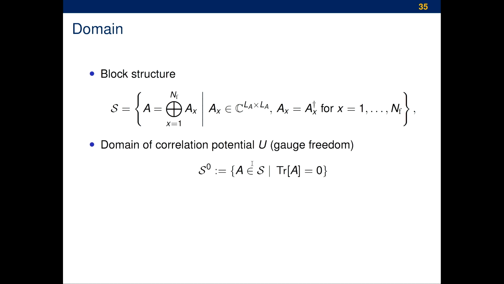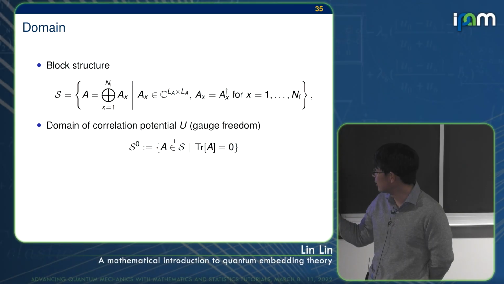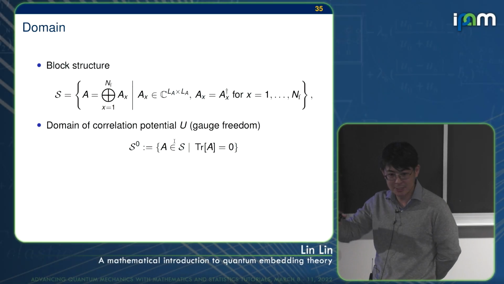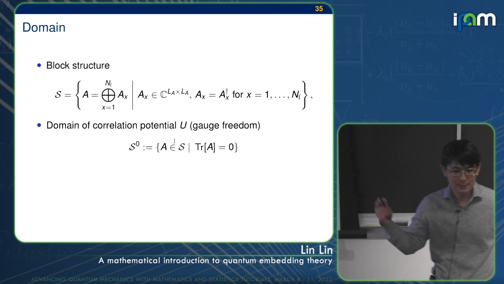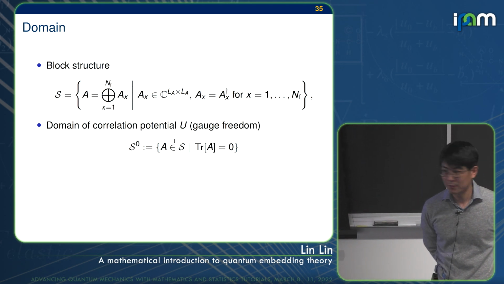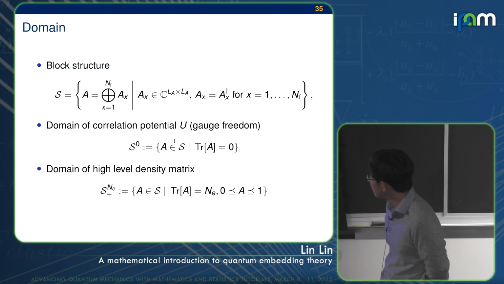For the correlation potential, there's a gauge degree of freedom because I can arbitrarily add a constant shift to the potential. It doesn't change the density matrix. So I need to mod out that constant; without loss of generality, assume it's traceless. That removes the degree of freedom from the trace.